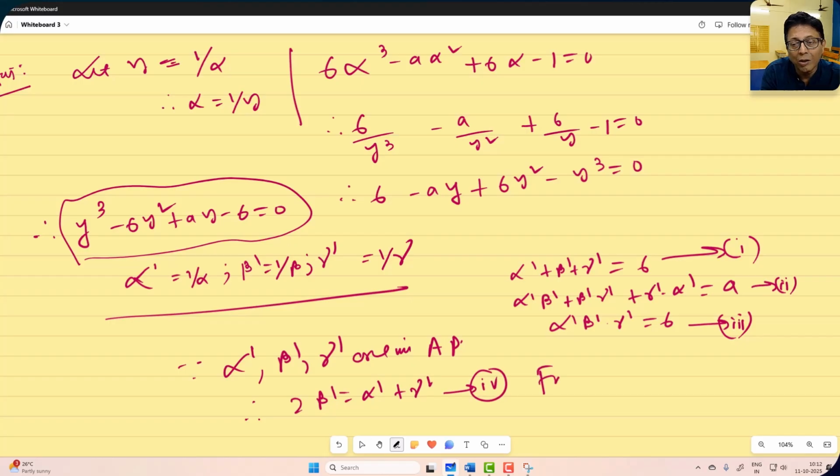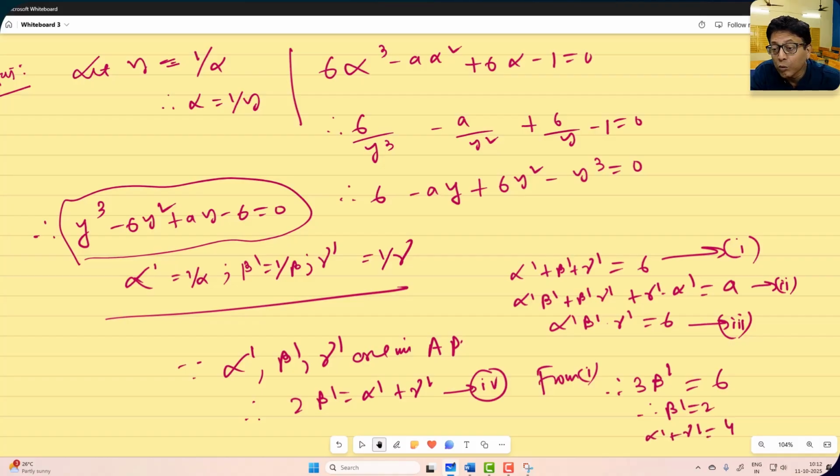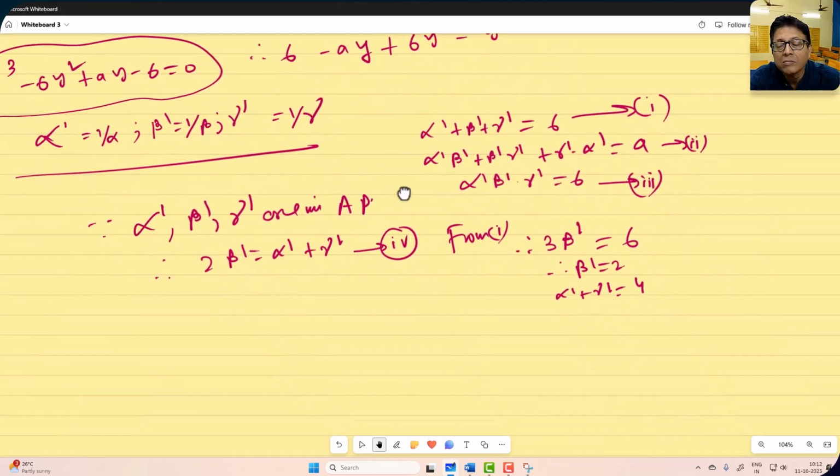From 1, what do you get? You put alpha dash plus beta dash plus gamma dash, 3 beta dash, therefore 6, so beta dash is going to be 2, and alpha dash plus gamma dash is 4. Am I clear?